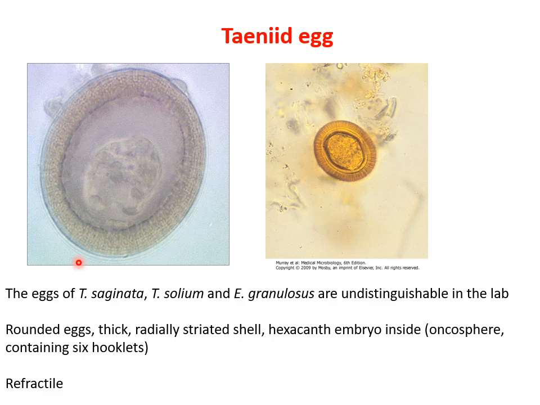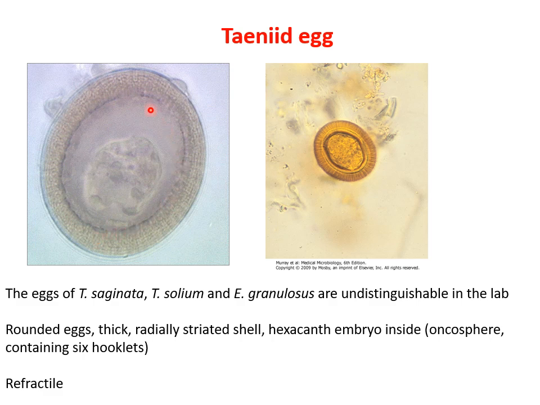We would need other indications, such as the length of the proglottids and their uterine branches in the case of saginata and solium, and of course hydatid cysts in the case of Echinococcus granulosus, which I will cover in a little bit.